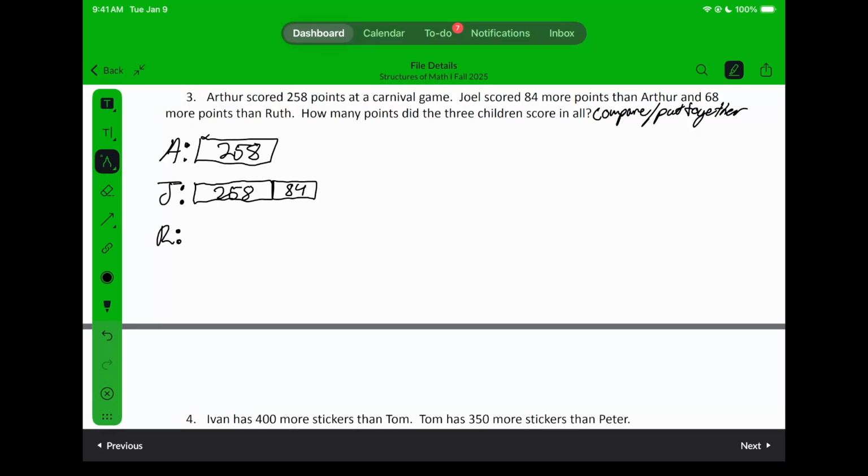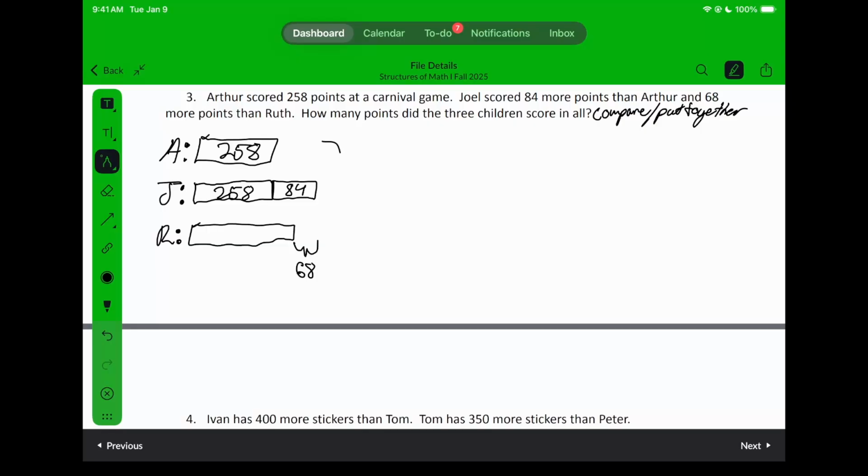So we can kind of draw our box like this. Oh, I lied. Kind of draw our box like this. And then this space here is 68. That's the 68 more points. That's the 68 less points that Ruth has compared to Joelle.